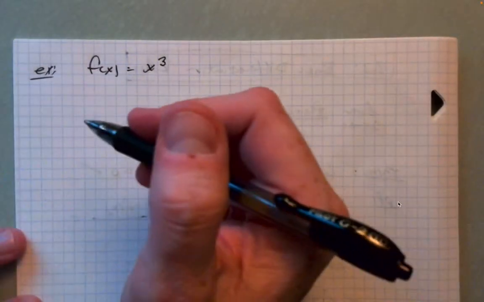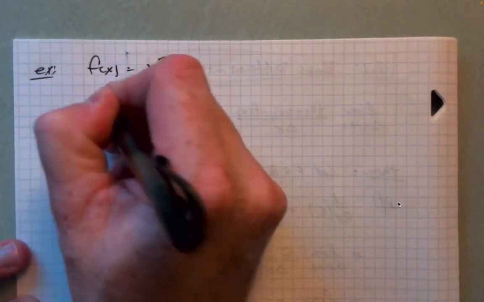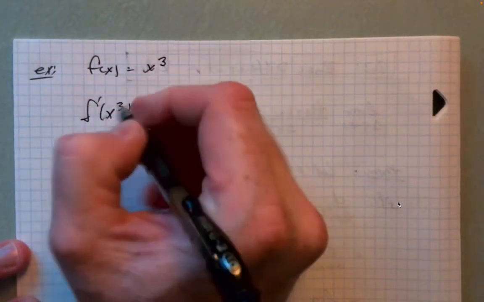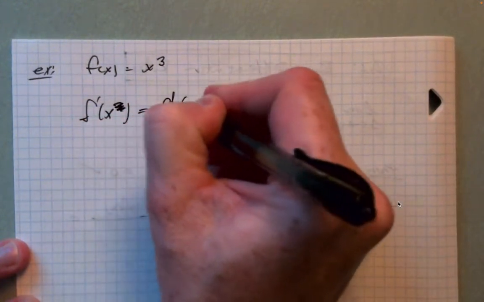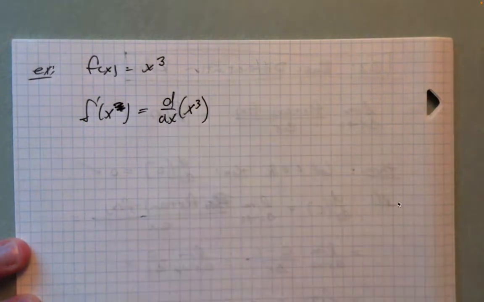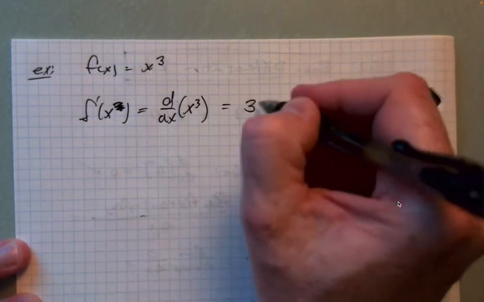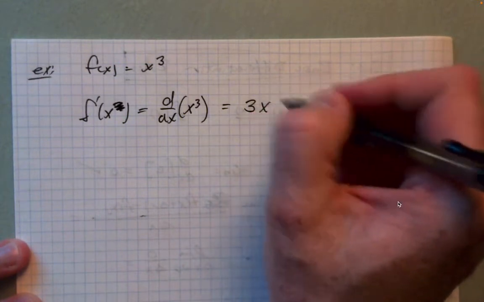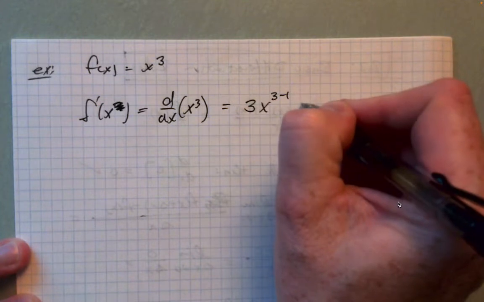But now we can simply say that f prime of x is equal to the derivative with respect to x of x cubed, which according to the formula is just n is 3, bring that down front, and then reduce the exponent by 1. So 3 minus 1, I'll put it in there just so people can see.